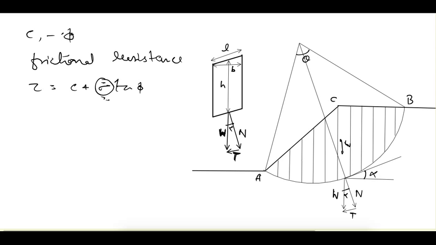The normal stress will be there because of the soil on top of that part. This depth is varying throughout this section, and because the depth is varying, the normal force, or the normal stress, is also varying. So we divide it into slices and find the normal force for all these slices, and similarly the tangential force also, and then we do the summation.